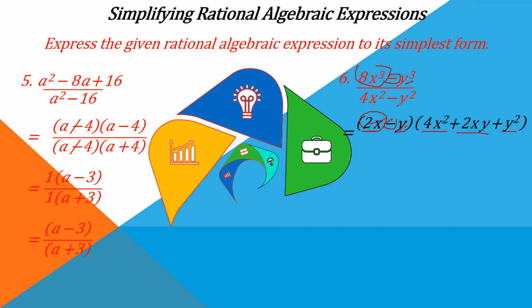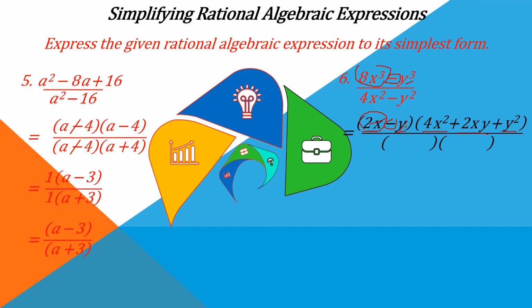which is 2x multiplied by y, but we will adopt a positive sign because based on our pattern in our previous topic, factoring the difference of cubes, divided by the factors of 4x squared minus y squared.